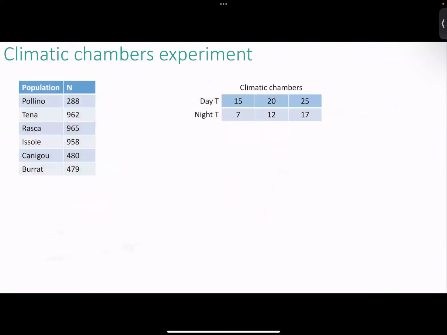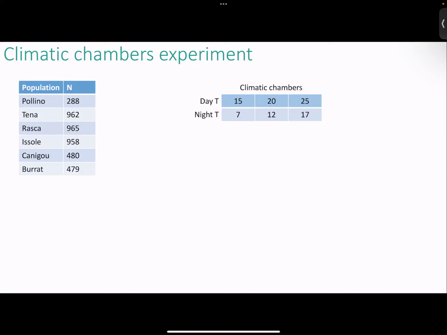And in this experiment, we use a significant number of seeds due to the low germination rate of the species. And we sow these seeds in 3 climatic chambers in which the temperature is set to mimic the temperatures experienced by the species during spring and during the growing season.